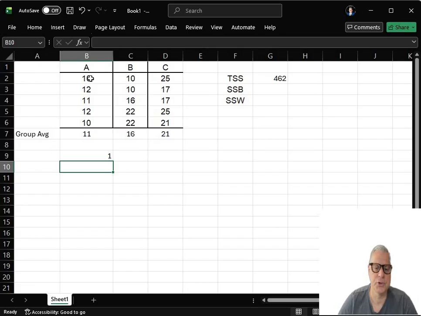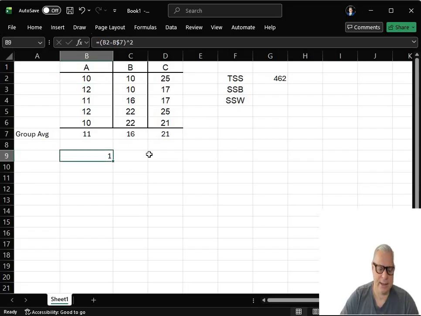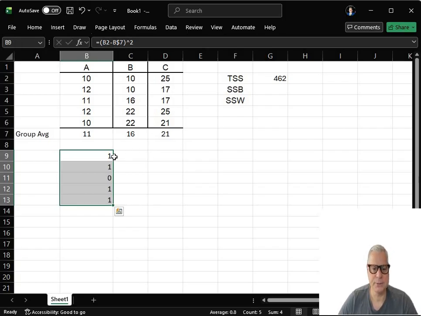Okay, so the first observation for player A, it's a 10, the average is 11, so the difference is 1 squared. And again, I copy this 4 times down. And then I see there's a total sum of 4. And now I can copy that to the right.